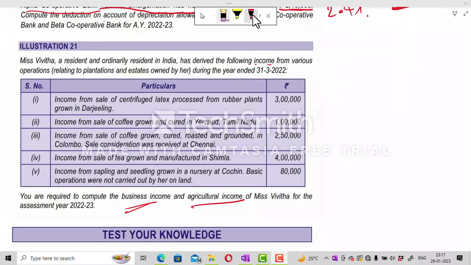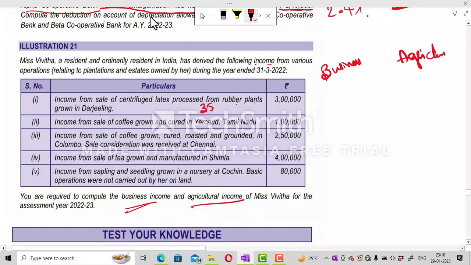So for income from sale of centrifuge latex processed from rubber plants grown in Darjeeling, 3 lakhs. We have to calculate business income and agriculture income. Major share will be agriculture income. For rubber, what will be the share? 35% will be the business income, 65% will be agriculture income.